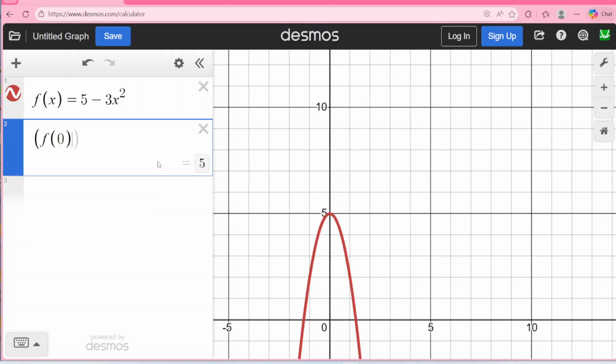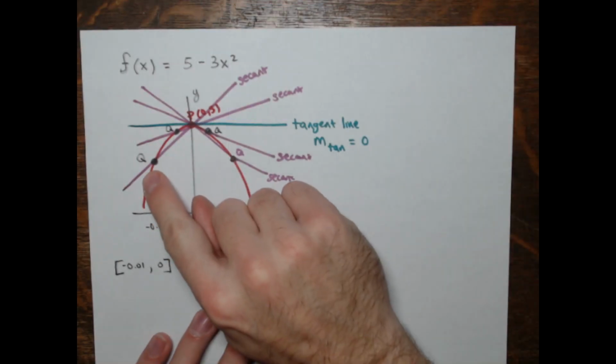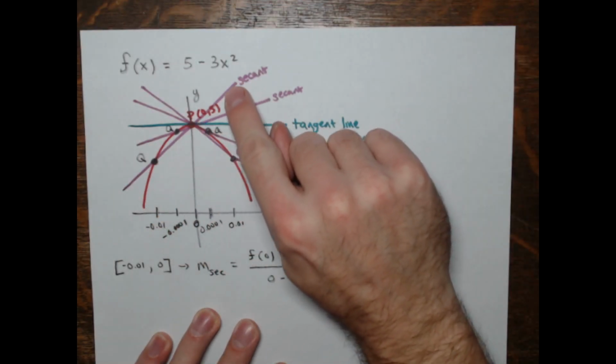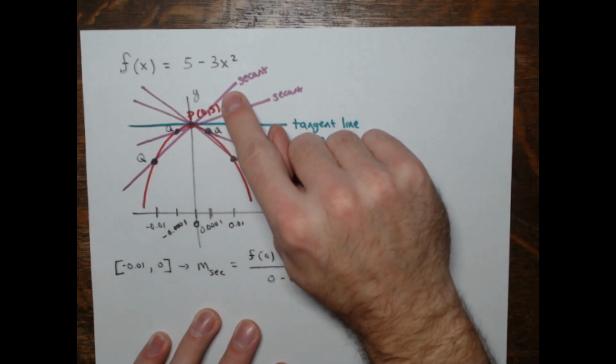So f at 0 minus f at negative 0.01. And then all this divided by, the change in x is 0 minus negative 0.01. All right. So that slope is, so that's this line here, okay? That's this line here. So this line has a slope of positive 0.03.